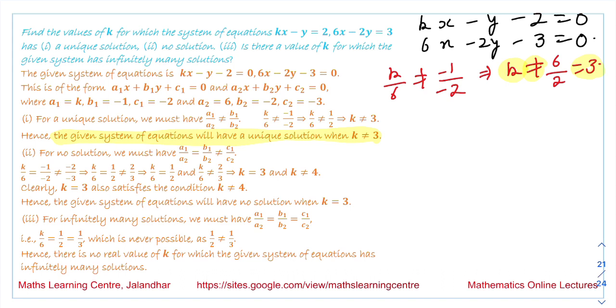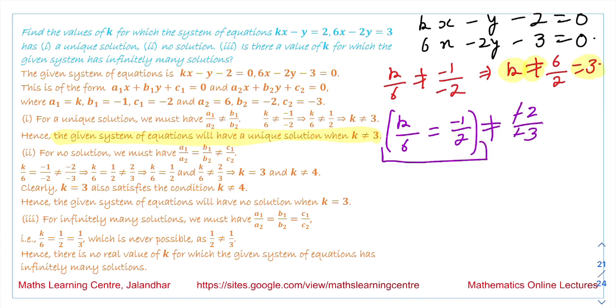Next we are saying this system will have no solution if k by 6 is equal to minus 1 by minus 2 and these are not equal to minus 2 by minus 3. So from the first two terms we are getting k is equal to 3.